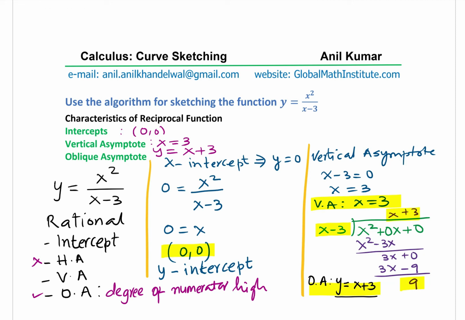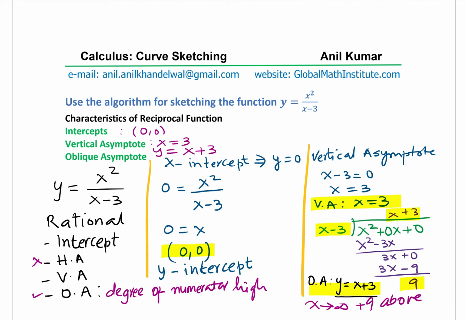So when x is large, when x is approaching infinity, in that case, we have a positive 9, right? We have a positive 9. That means above. But when x is approaching negative infinity, this will be below, right? That is kind of very important to understand.